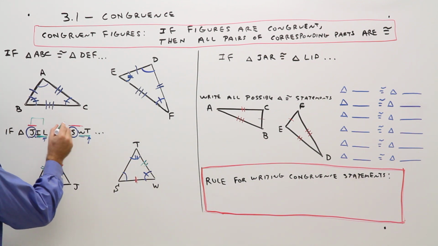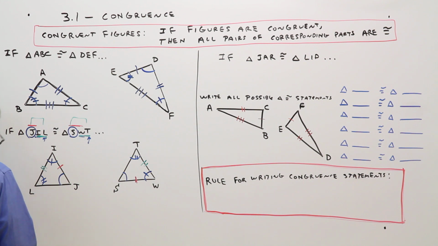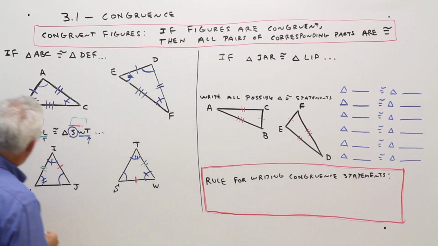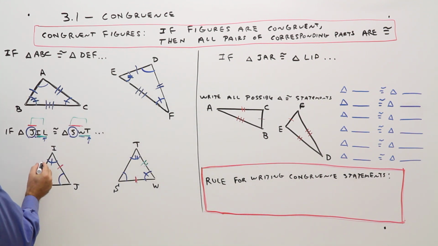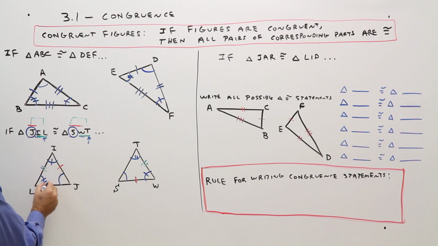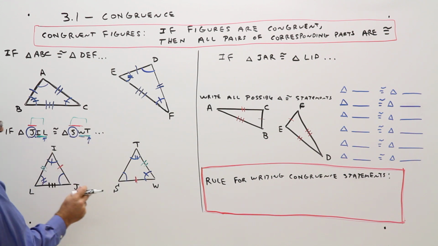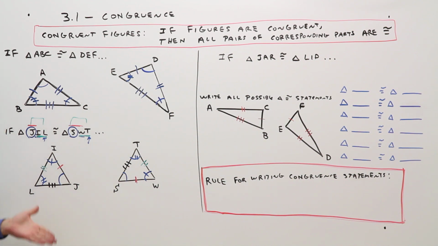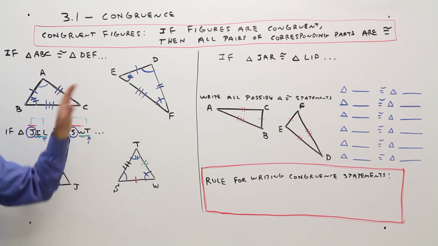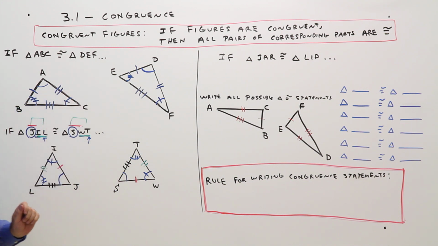And then first and last with first and last. I'll go in a different color. JL, I'll go 1, 2, 3 with ST, 1, 2, 3. So again, you can just look at the lettering scheme to figure out the congruences. You don't have to obviously see who's matched with who.